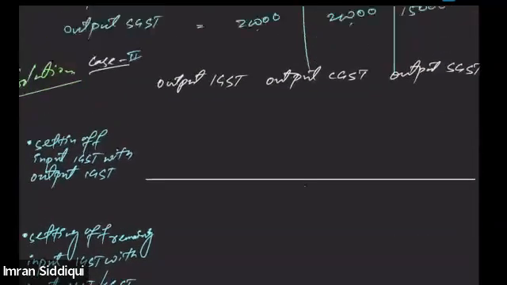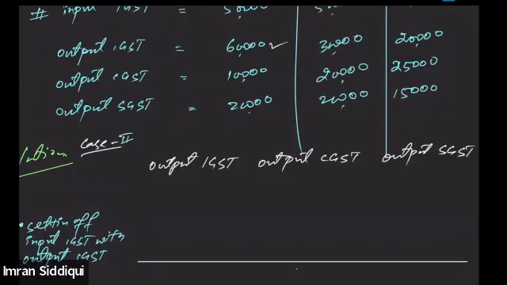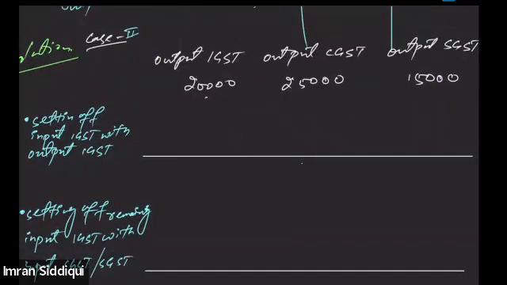Okay, so in case 3, the balances were output IGST 20,000, 25,000, and 15,000. But again, in this situation as well, our input IGST that we paid at the time of purchase is in excess of the output IGST that we have collected. We only collected 20,000, but we paid 50,000 at the time of the purchase of goods. All these are debit balances.